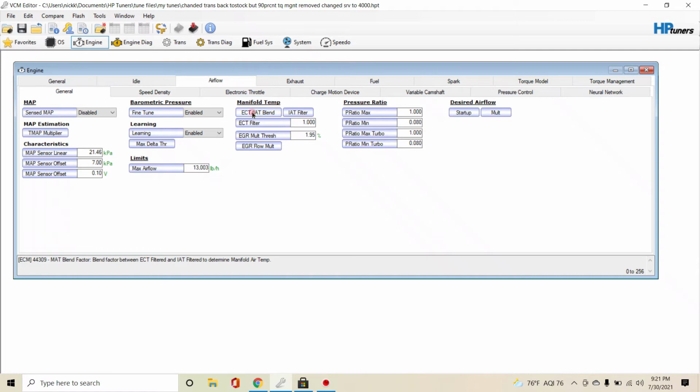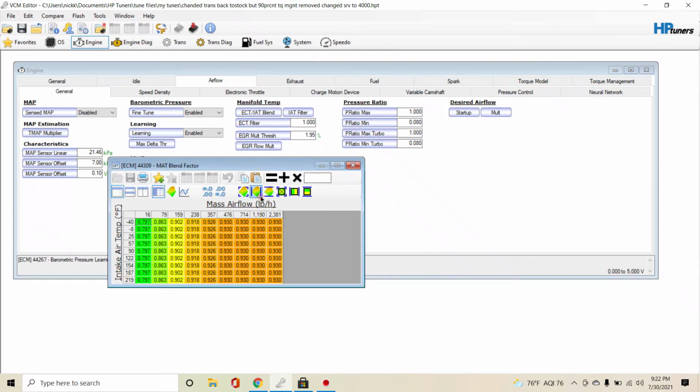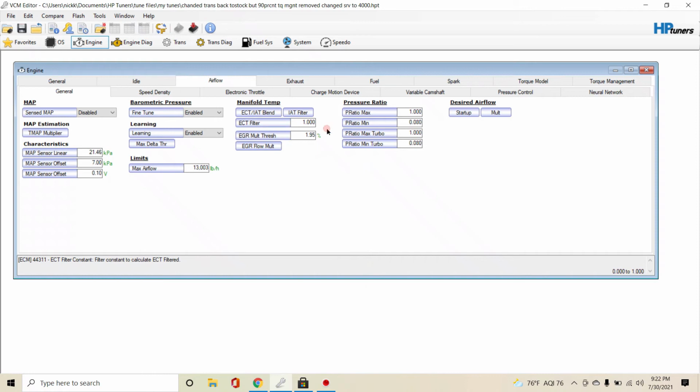Your manifold temp, you don't really need to mess with this. It's just intake air temp versus mass airflow. Nothing really you need to mess with here. Pressure ratio: you don't really need to mess with this either.